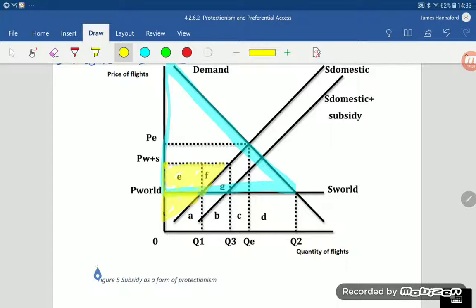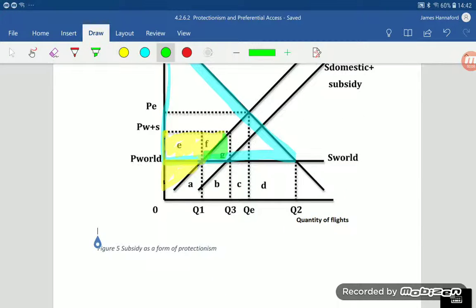So this leaves area G unaccounted for, in green. As we've just said, there is no increase in the consumer surplus, so it cannot be deemed to be a benefit to anybody.